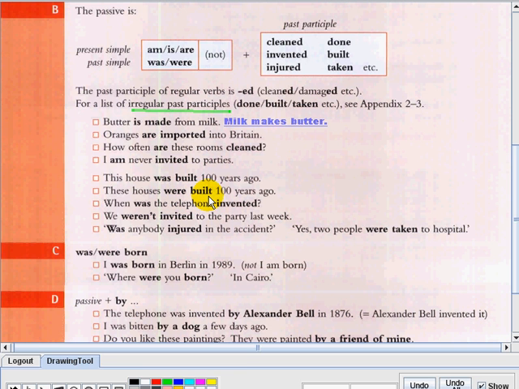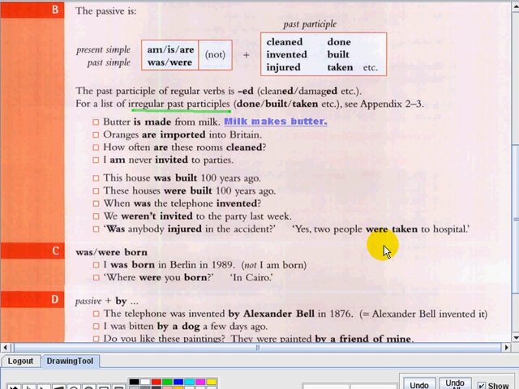Okay? Next one. When was the telephone invented? We weren't invited to the party last week. Was anybody injured in the accident? Yes, 2 people were taken to the hospital. If you notice, our verb here is injured. Injure is just a regular verb, right?